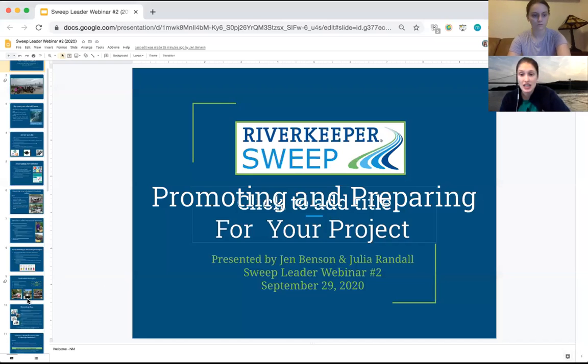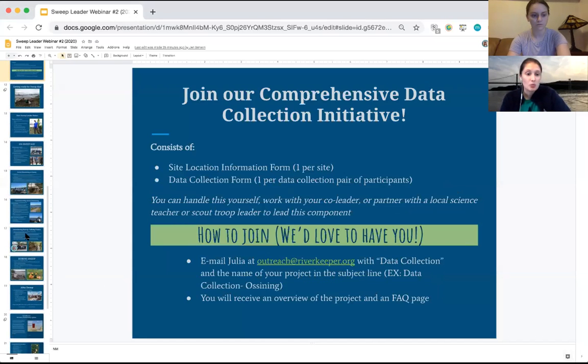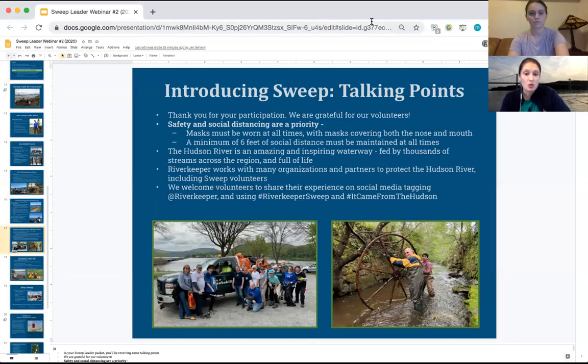So that was just an overview on what Riverkeeper as an organization is communicating to volunteers ahead of Sweep in terms of social distancing guidelines. We're also making some changes to our Sweep talking points and how we are hoping that Sweep leaders will introduce their projects, really putting emphasis on safety and social distancing as the main priority.